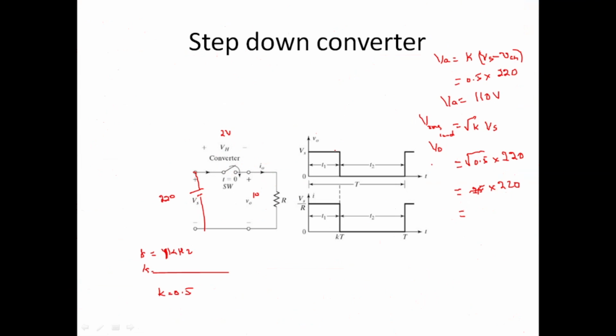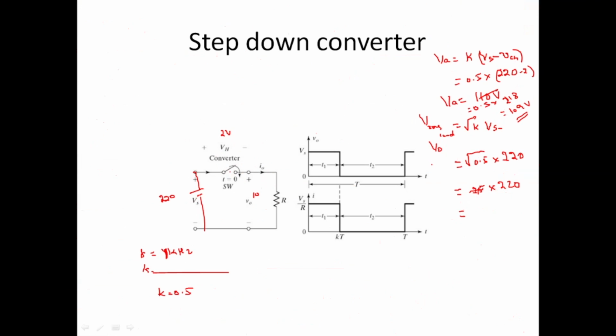That's the reason 220 minus 2 comes here. Then it is 0.5 into 218, so 109 volts.